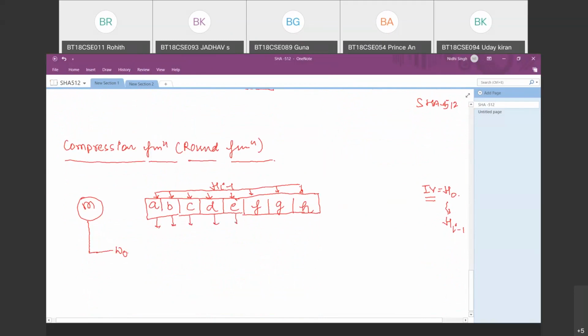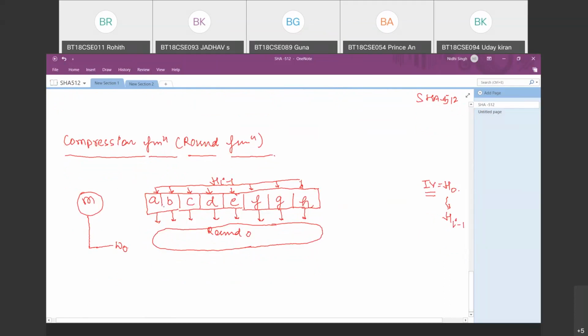So this buffer will be applied over round 0. When my round 0 is finished, as I told you, each round will generate one word.